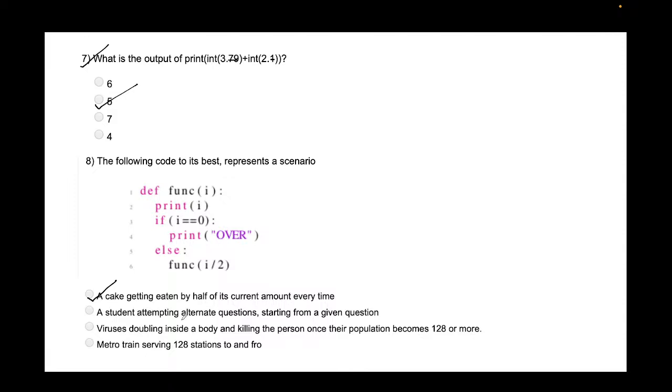Sir, what is that option? The last metro train serving 128 stations. Is there any limitation of those bits, 64, 128? Any relation to that thing? 128 stations. So let's say this is your start station and this is your end. In between there are 126 stations.